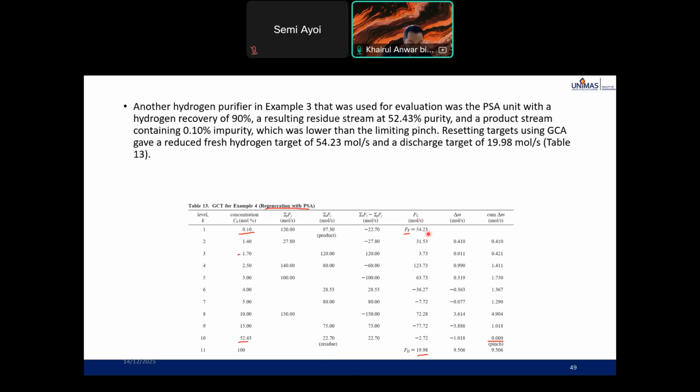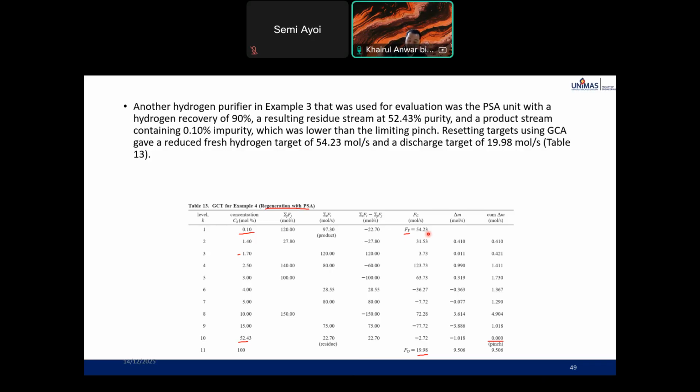Now, we refer to membrane. The amount of fresh hydrogen required is 125, with discharge of 90.96 per second.